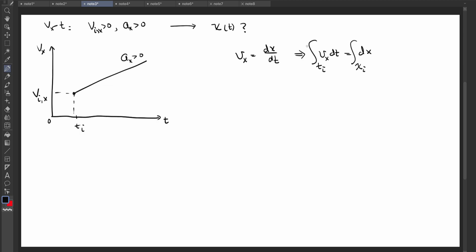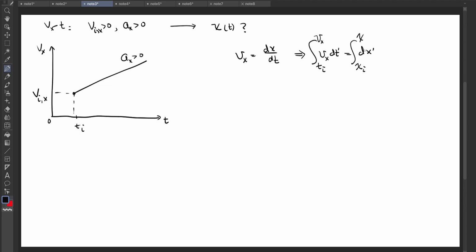Okay, and then we get to a final position which we call the x instead of x final because we need to make it a variable, and then that's the Vx at that instant. Okay, and then we want to change the variables to prime, dt prime, dx prime.